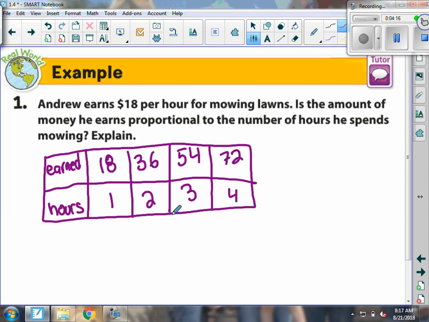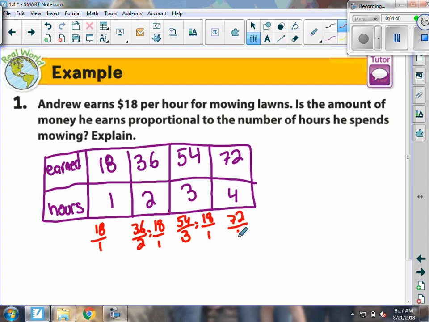So now we're going to create our fractions. So this is going to be 18 over 1. 36 over 2, can that be simplified? Yeah, both of these can be divided by 2. And when you do that, you get 18 over 1. 54 over 3 can be simplified to 18 over 1.